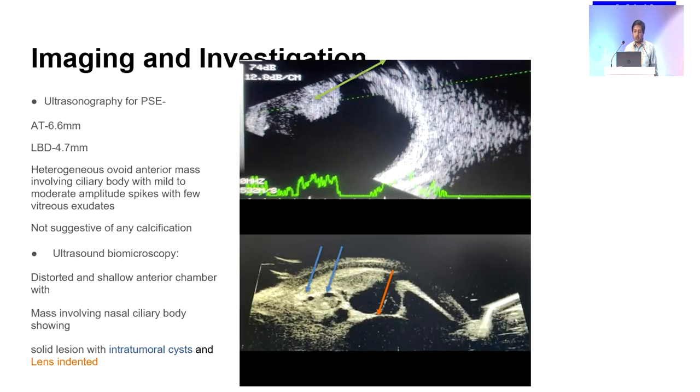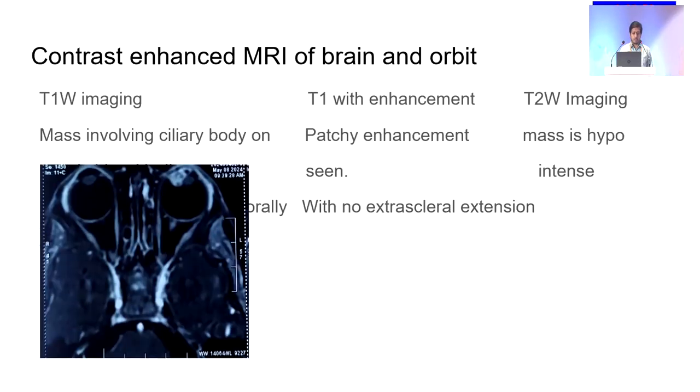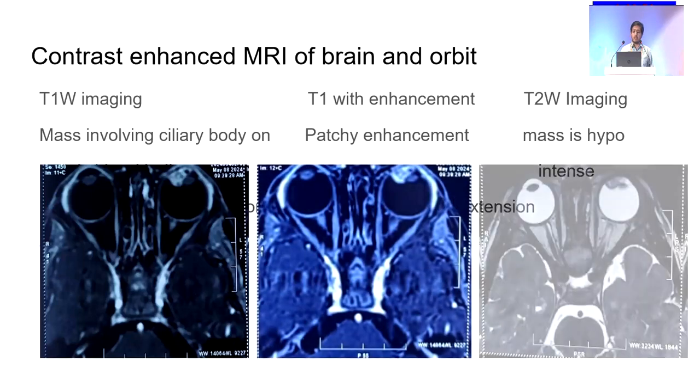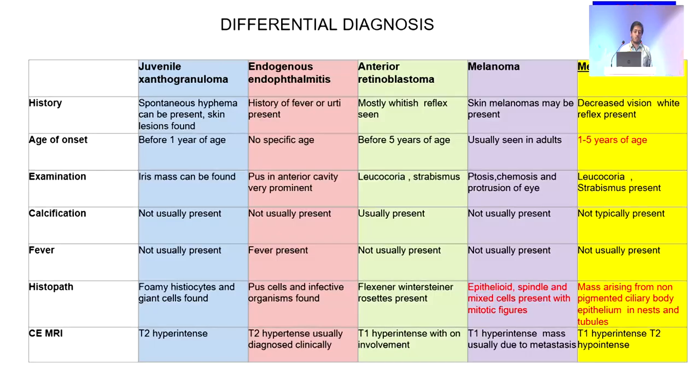On ultrasound biomicroscopy, there were intratumoral cysts abutting the lens, causing distortion of the iris and some displacement of the lens. So we made a provisional diagnosis of medulloepithelioma, and on MRI there was T1 hyperintense, T2 hypointense signal with patchy enhancement. So anterior RB can also be a possibility.